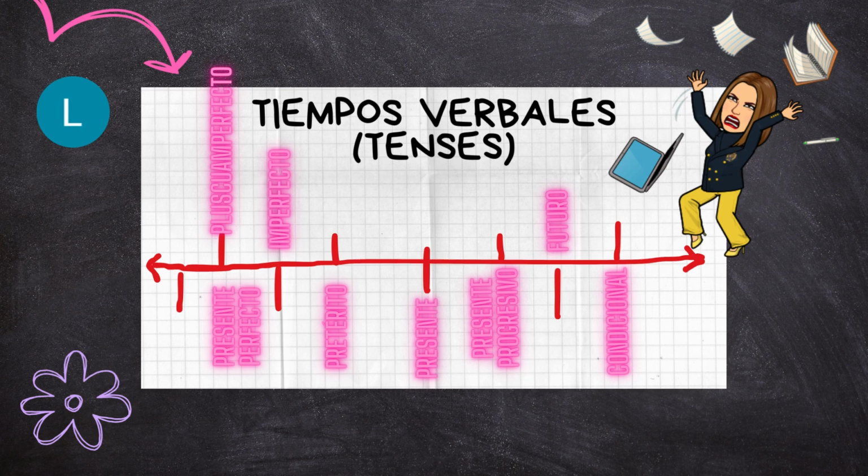That's just a timeline showing you an example of some tenses that we might see in other videos in the future. Present, present progressive, future, conditional, preterite, imperfect, pluperfect, and present perfect. Again, those are not all of our tiempos verbales. They're just some of the ones we might cover.